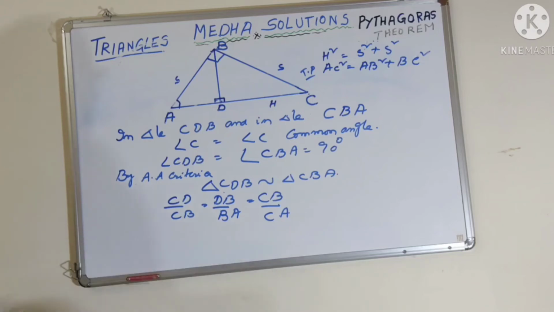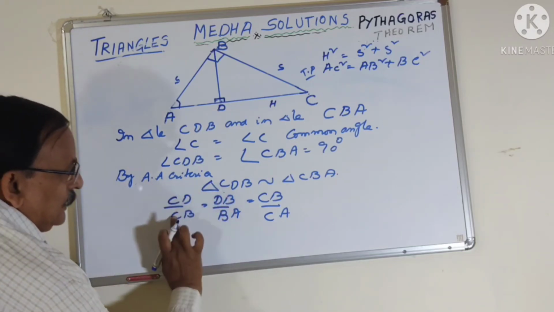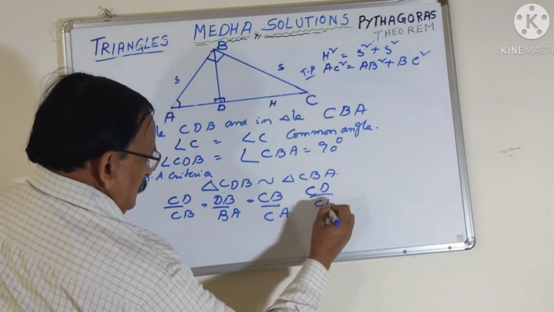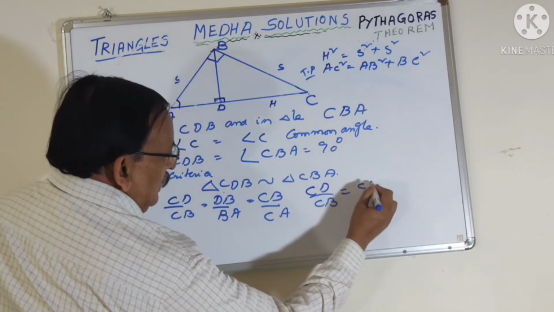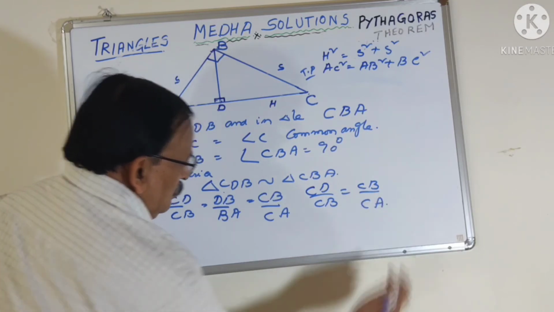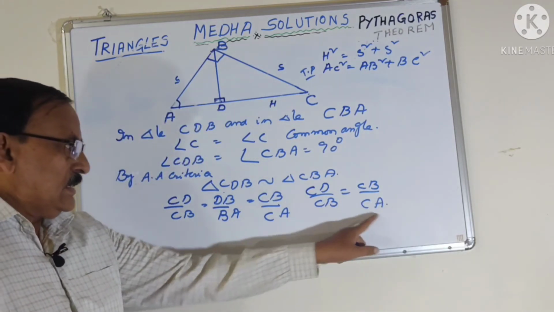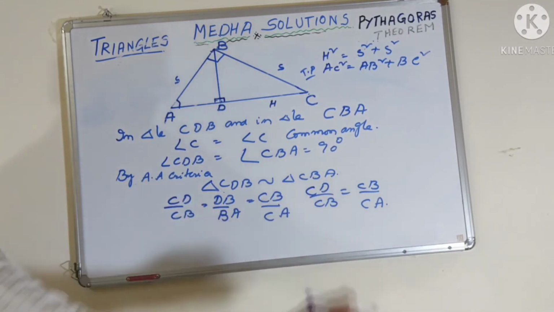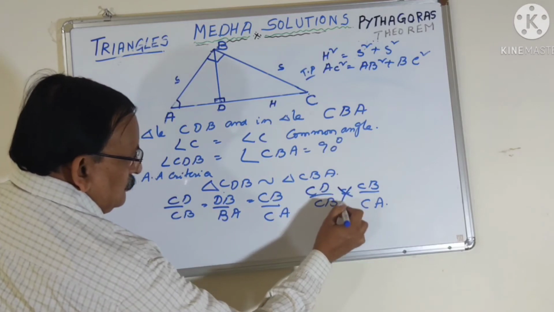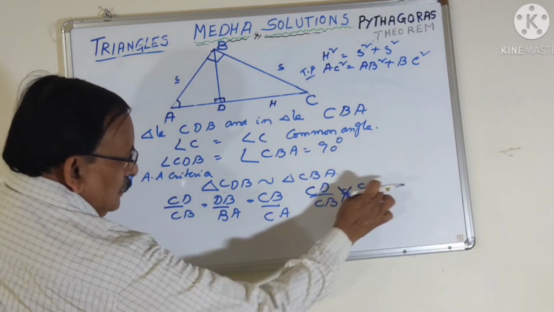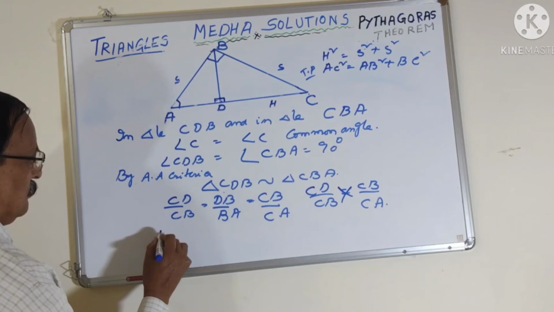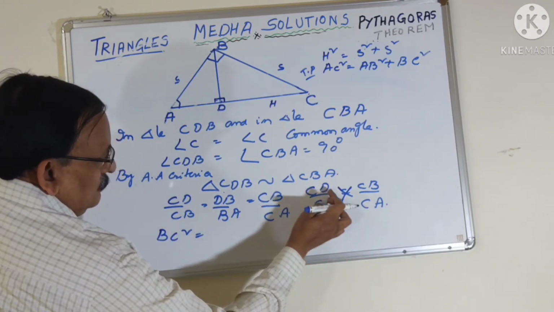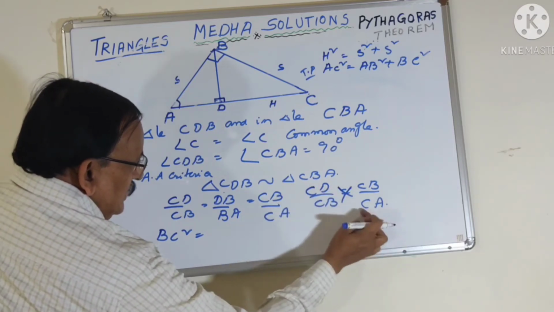Keeping these sides separately, we are taking CD by CB is equal to CB by CA. We can change the order of the letters, BC or AC or DC. Now cross multiplication: CB into CB, I am writing as BC square is equal to CD into CA, like DC into AC.